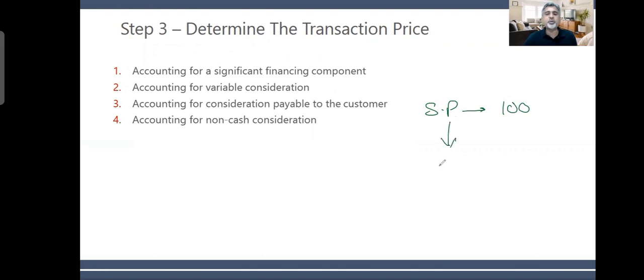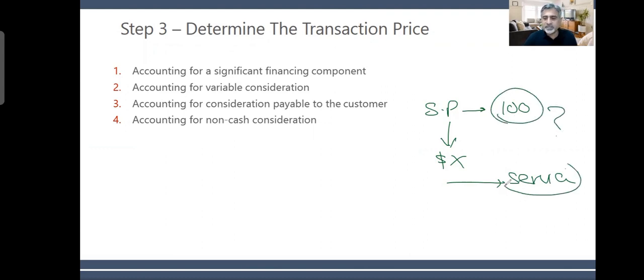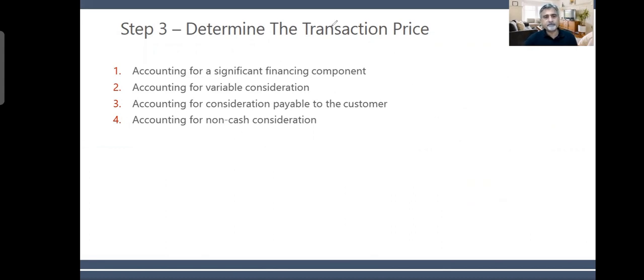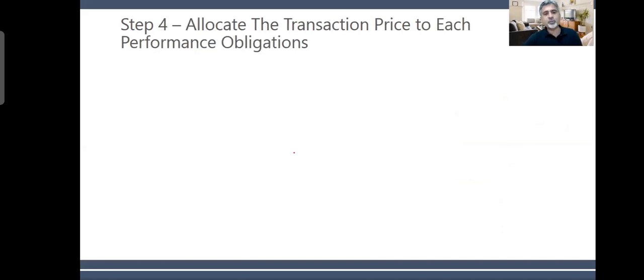I give it to you, and in return, you don't give me cash, but you provide me some service. So how do I value my product or your service? Maybe your service is less than 100, maybe it is more than 100, or maybe you give me some asset. So this is called accounting for non-cash considerations. We will do it in the next lesson when I do an example.